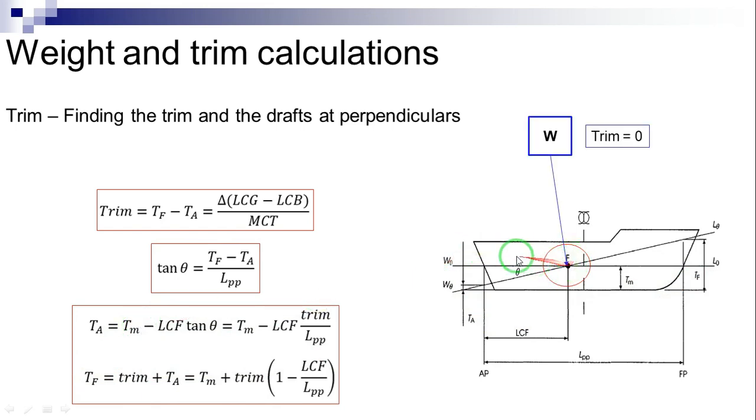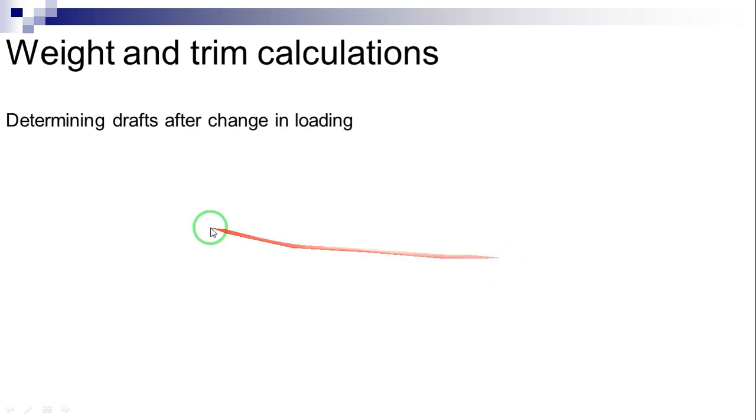Determining drafts after change in loading. When a change in loading is contemplated and the existing drafts are known, one can use the following method to determine the drafts after the change is made. This method is suitable when the changes in draft and trim are small and no large initial trim is present. This method involves determining the differences in drafts before and after the change.